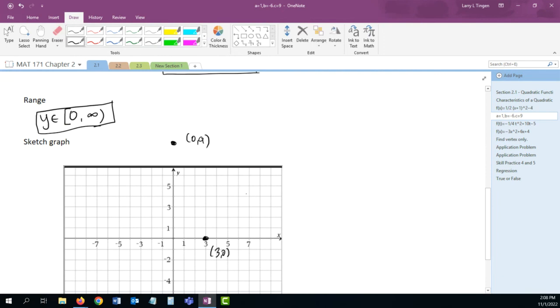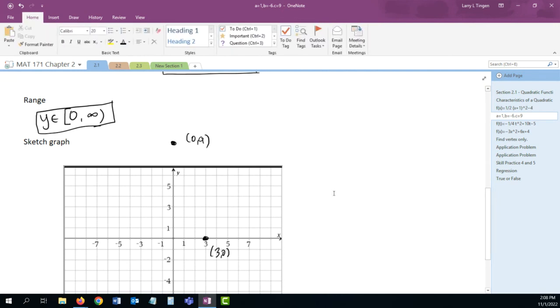The vertex and the x-intercept were the same here, so in this case, our list of values from above only gives us 2 points. You can find more if it helps.